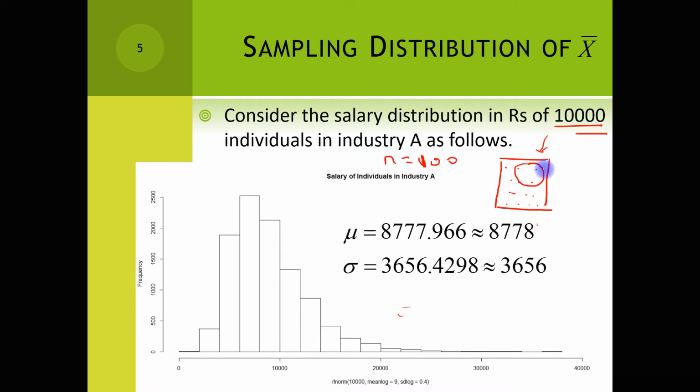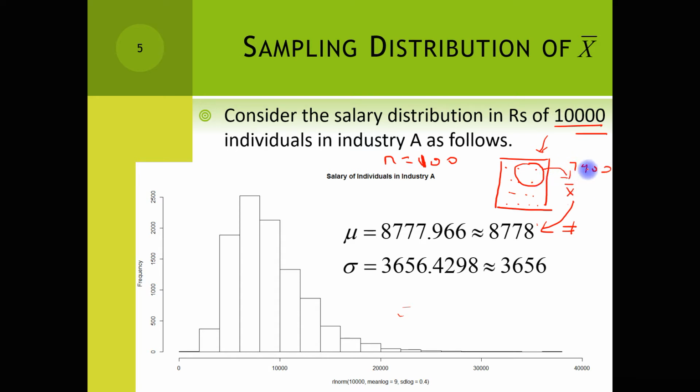This is based on only one sample that I took. I can get a sample mean when I'm going to compute it. The sample mean that I'm going to compute will not be necessarily equal to that. It might be, for example, 7,900. I don't know what it could be.